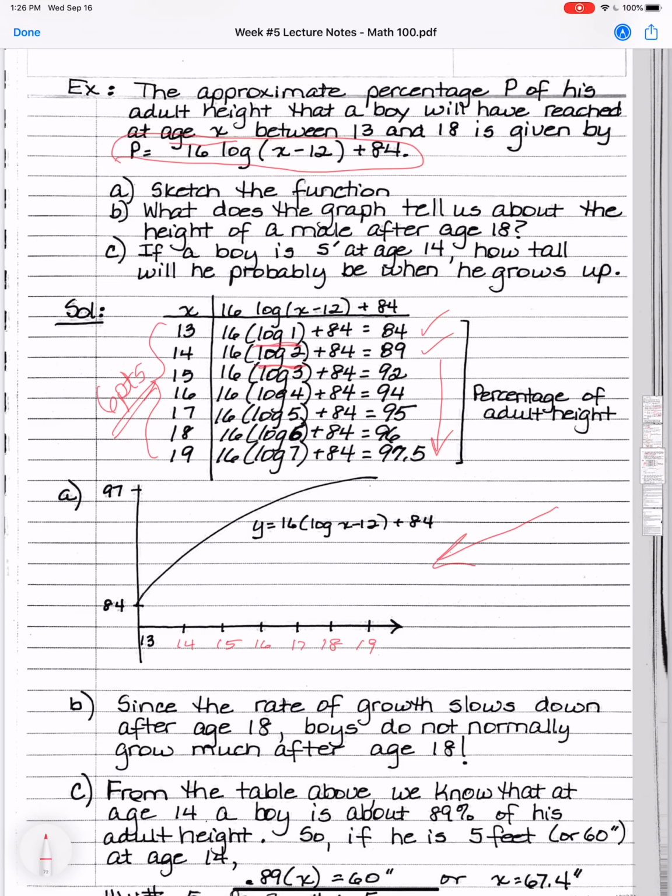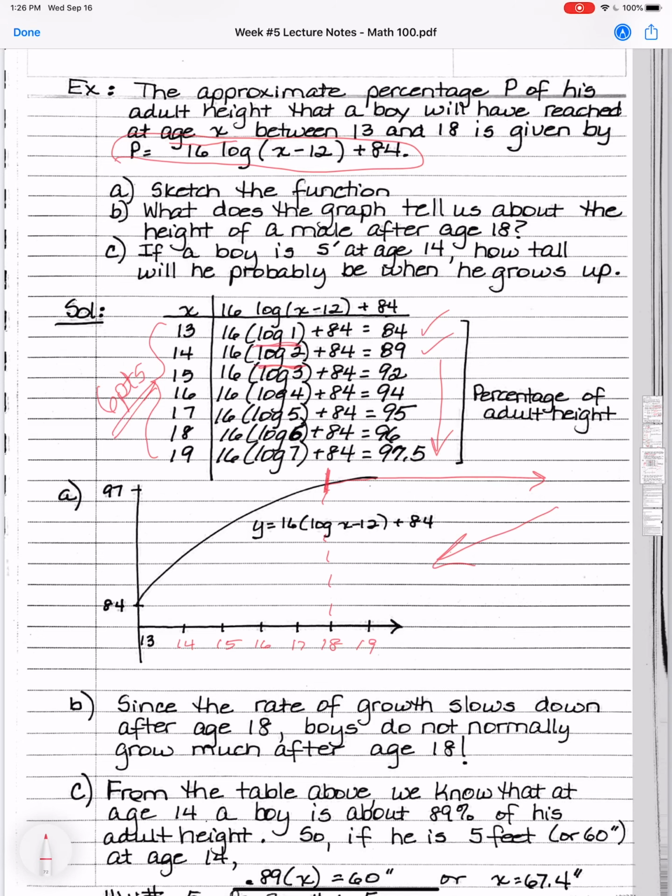And what this graph tells me is that after about this level in the graph, it really is going to level out and not change by very much, which is what we can kind of expect. We think a person is pretty much at their full-grown height at age 18. So this graph confirms that after age 18, a boy is basically as tall as he's going to get, and he's not going to grow much after that age.